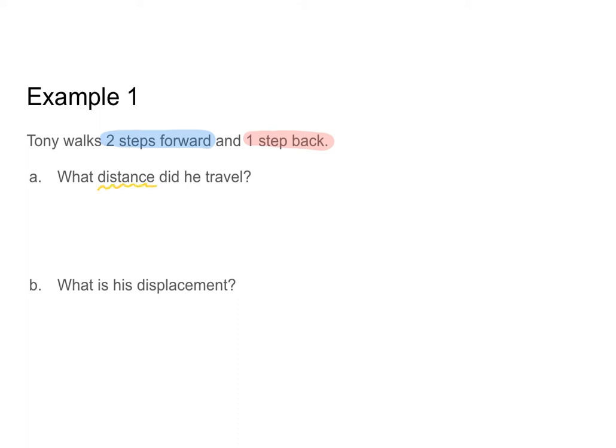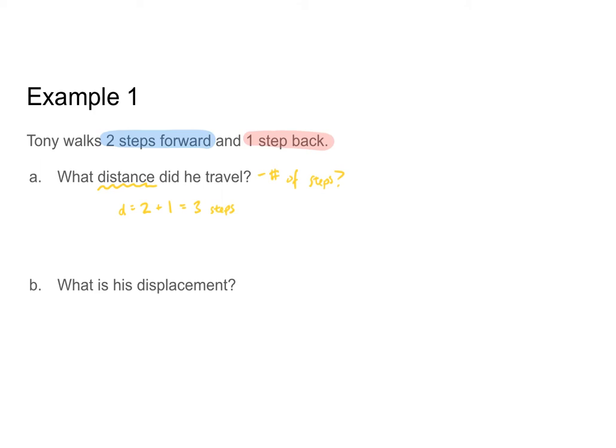So I want to figure out how many steps Tony took. So again, remember, how many steps? So distance is a scalar, so we're not going to worry about direction. So we're going to say distance is equal to 2 steps forward plus 1 step back. So 2 plus 1, or 3 steps.